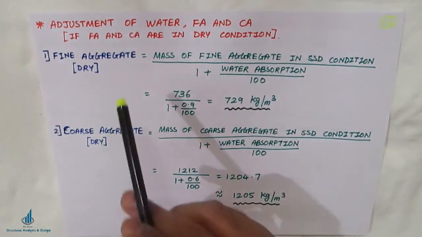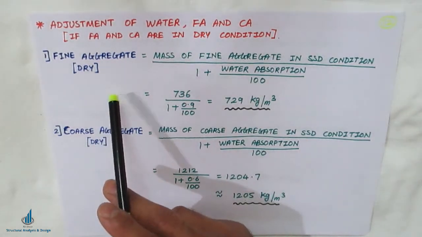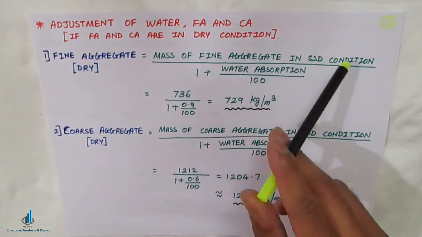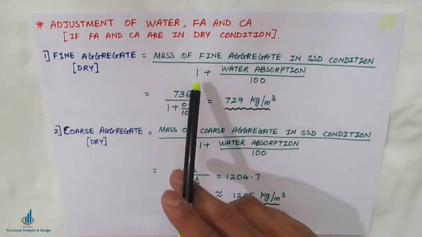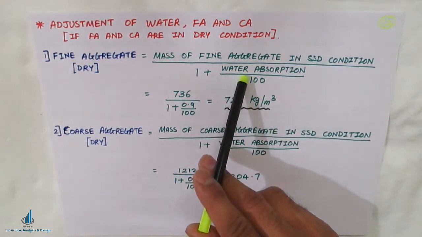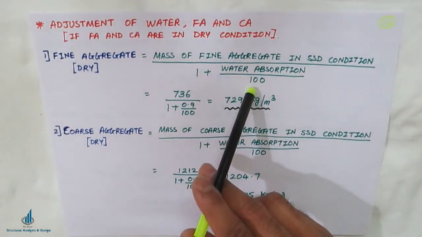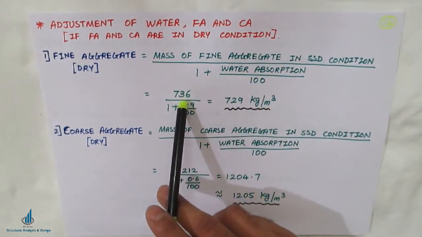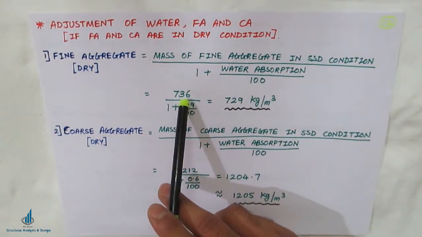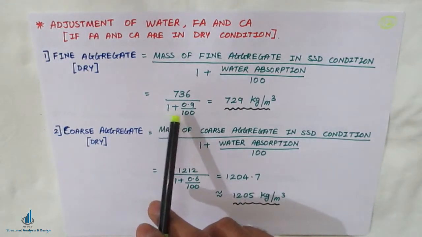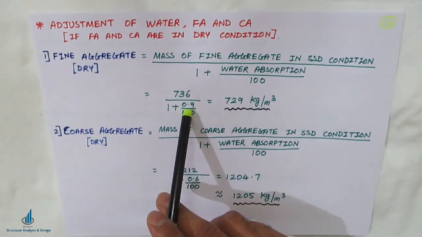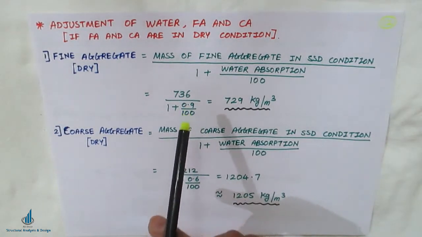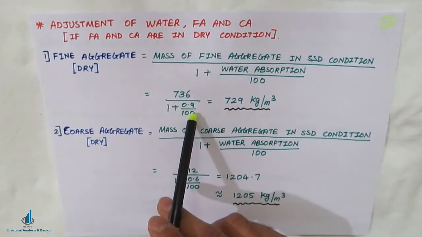So for the fine aggregates which are dry, how to find out? Mass of fine aggregate in SSD condition, which we have found out as 736 kgs, divided by 1 plus water absorption of fine aggregates divided by 100. So 736, which is nothing but the mass of fine aggregates in SSD condition, divided by 1 plus 0.9 divided by 100. 0.9 was the water absorption given in the test data of materials.